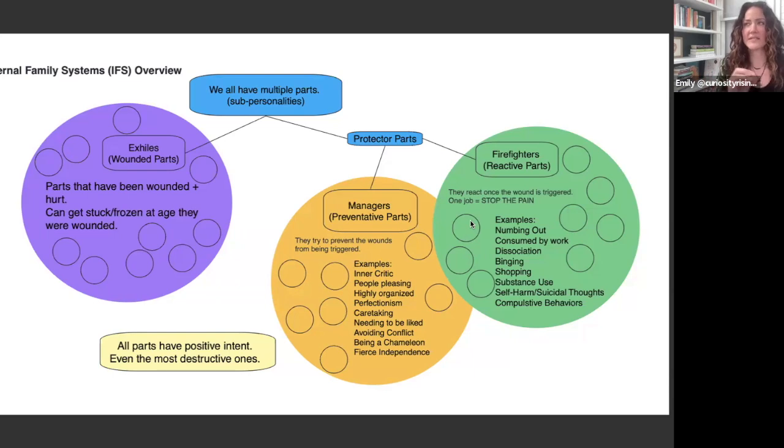The way that can be helpful to think about it, the managers are the preventers. They want to do everything possible to prevent the exile, the wounded parts, from being triggered. So they're going to do lots of things to manage ever being hurt again. You can think of them, they have this motto of like never again.